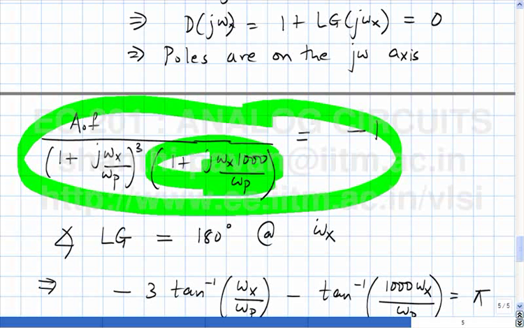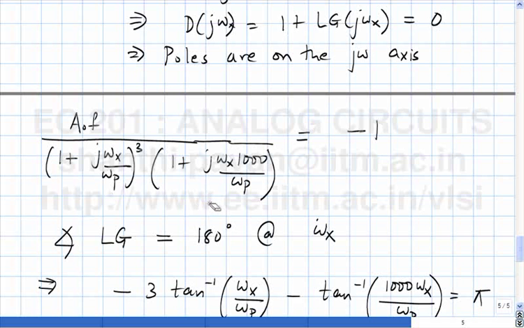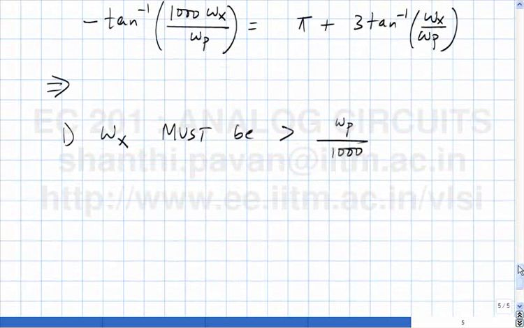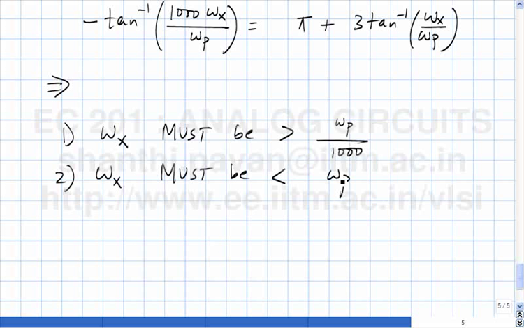Okay, so that should give you 90 plus 135, which is 225. So where do you think the omega x will lie? The omega x must lie less than omega p. It will lie somewhere between omega p by 1000 and omega p.